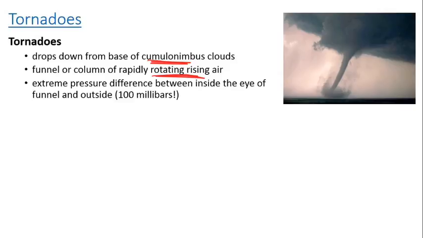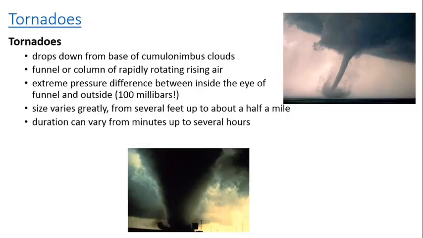If you look at the inside, looking down through the tornado, this is a very low low, and right outside the wall of the eye of the tornado, you're looking at a difference of 100 millibars, and that is a very steep change in pressure. A steep change in pressure, of course, creates wind, and so we have this swirling wind being sucked up into the cloud. That's a tornado for you.